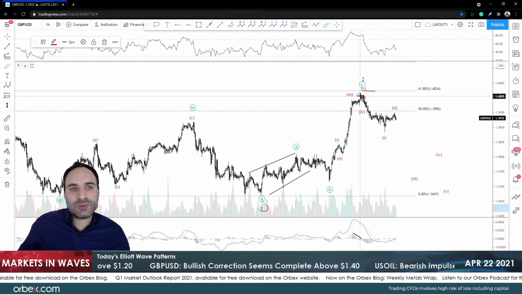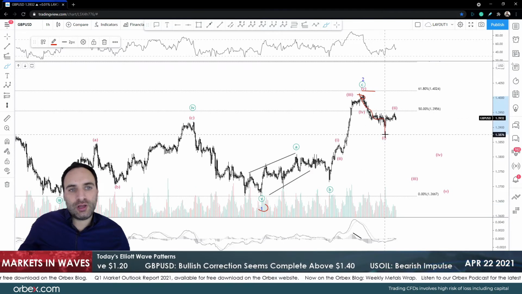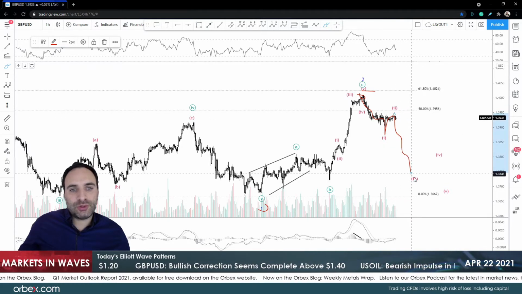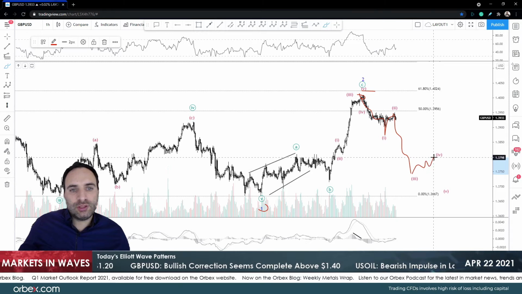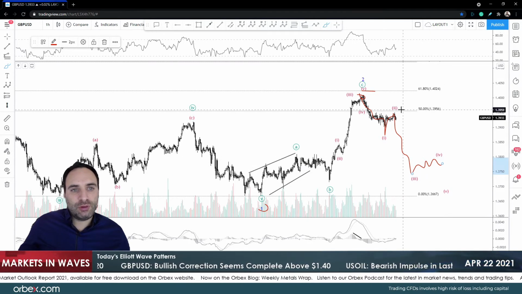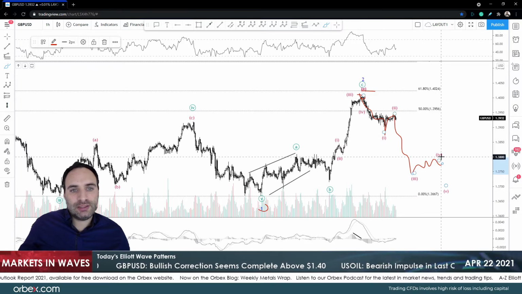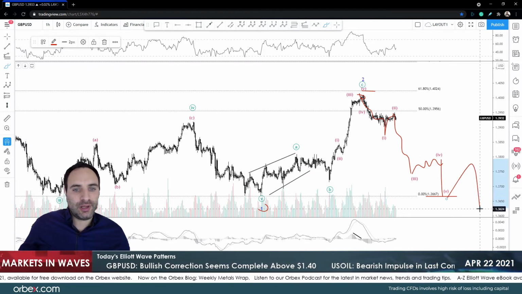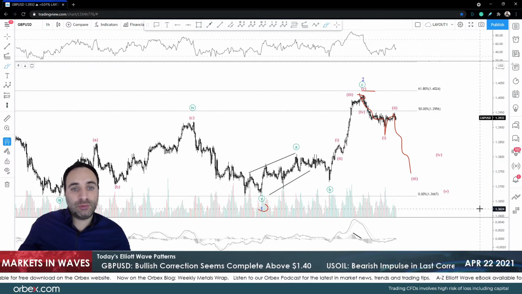And since we started moving lower, we have a clear 1, 2, 3, 4, 5, and it's very likely that we're going to continue down in an impulsive move now. We're going to get some sort of flat or double in 4 probably, because 2 is sharp, and then 4 down to 136.64, and from there a correction and a continuation to the downside, most likely, right?